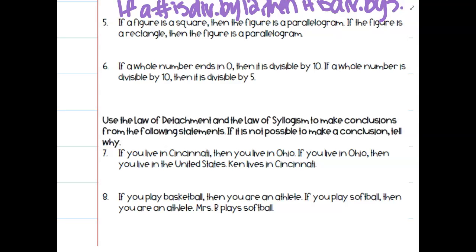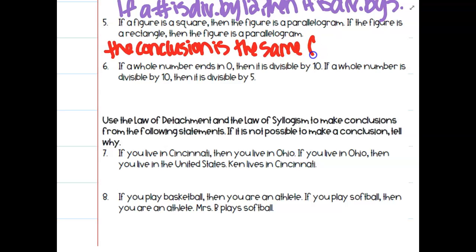I guess my explanation here would be the conclusion is the same for both. It would have to say, if a figure is a square, then the figure is a parallelogram. If the figure is a parallelogram, then, and then something. See what you would have to see?